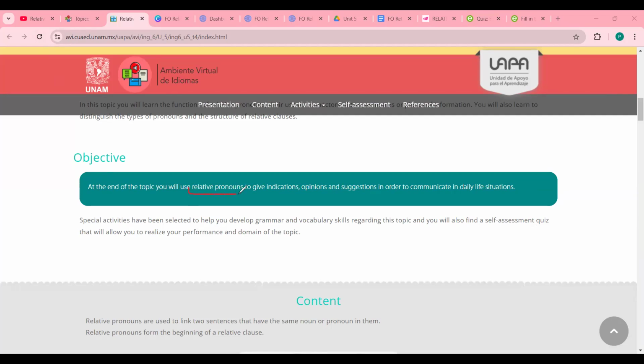Relative pronouns, to express indications, opinions, suggestions. Descriptions. Okay.